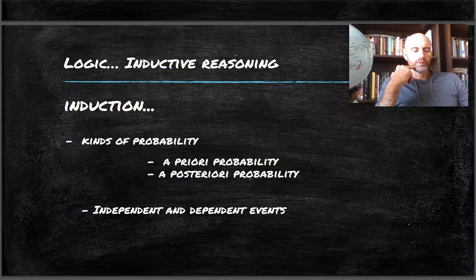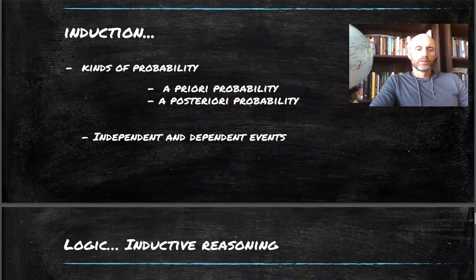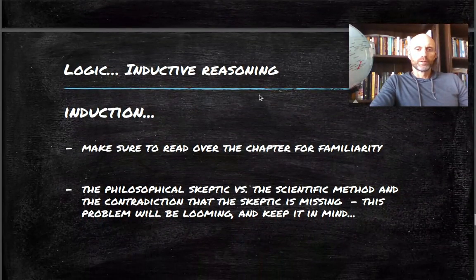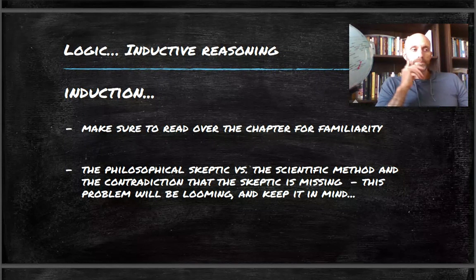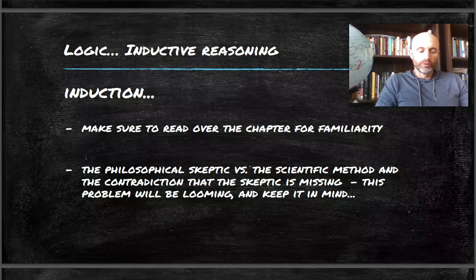The reason I want us to pay attention to that and be familiar with what we mean by inductive reasoning is that it's really going to come into play in the next chapter. Scientific thinking and the methodology of science are going to rely highly, almost exclusively, on the inductive method.